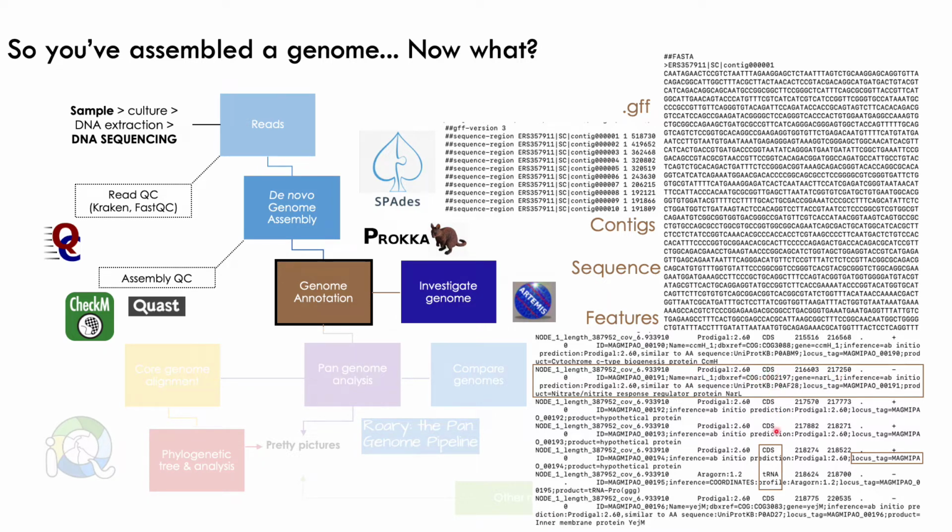You have things like coding sequences and tRNAs. You have a product name, so this particular one is a nitrite response regulator. And then each feature also has what's called a locus tag, which is a unique identifier. So I'll show you all of these in a slightly nicer way.